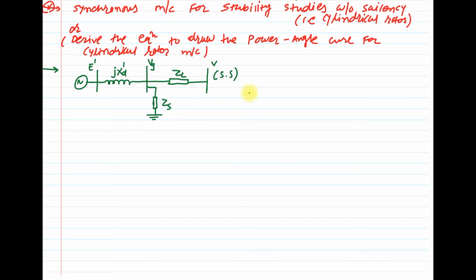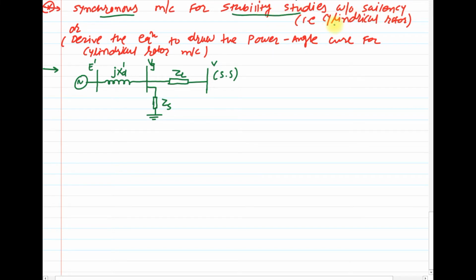Hello students, in today's session we will derive the equation or procedure to draw the power angle curve for the cylindrical rotor machine. Or generalized, we can say a synchronous machine for stability studies without saliency.